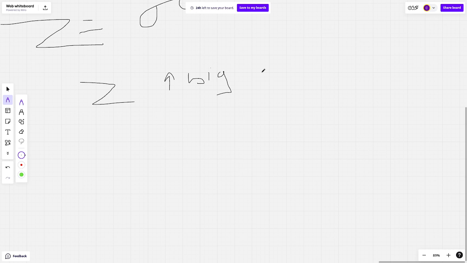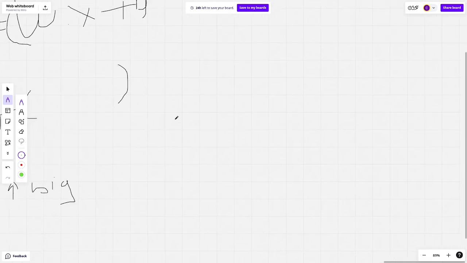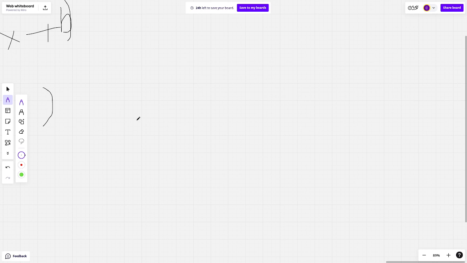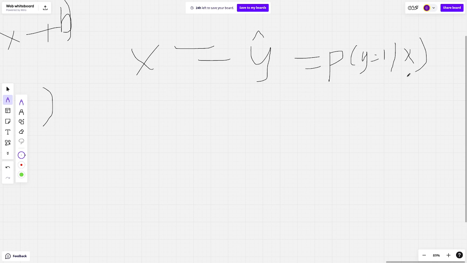So we will understand the whole equation now. I hope you guys understand the basic terminologies. So given x, y hat equals the probability that y is going to be 1, given x, where x is the input.